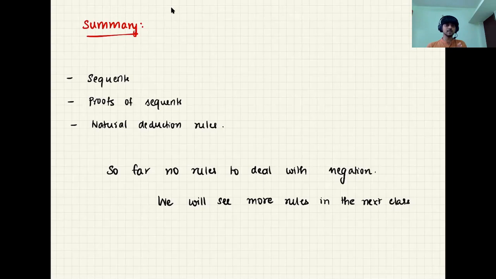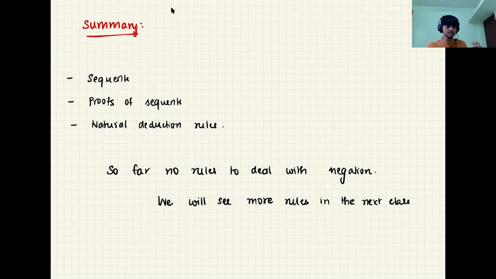So what have we seen so far? We have motivated this idea of sequents through some problems. Now we will just look at sequents, and then we want to write proofs of sequents using certain rules of application. We saw some rules which dealt with OR and implies.